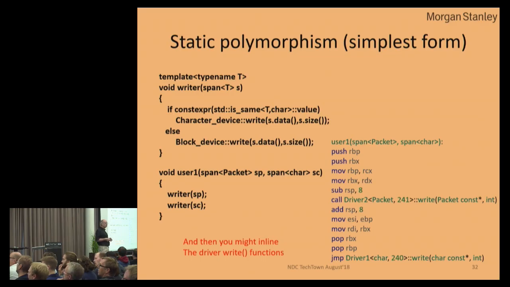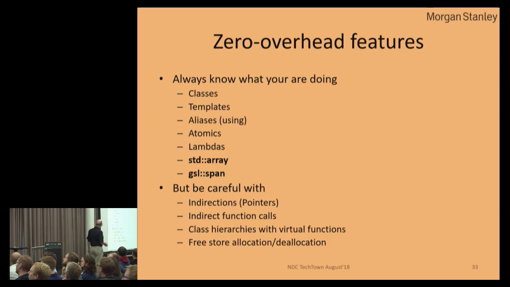And if you don't like the function calls to the two drivers, you can inline them. Sometimes that makes sense. If it's a simple driver, it makes sense. If it's a big, complicated driver, it's a dumb idea. But you can know that, you can look at it. It's really straightforward: you're writing something and the assembler, the machine code, looks just right.